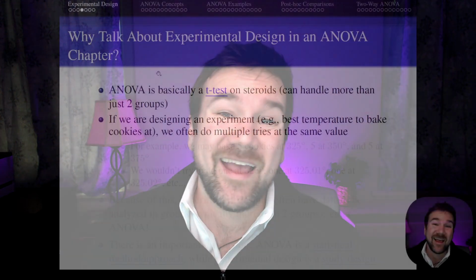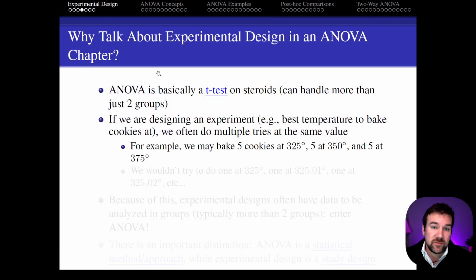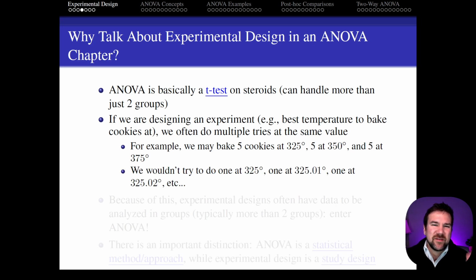I would pick a couple of standard temperatures that are somewhat wide apart, and I would bake multiple sets of cookies at each. Why multiple sets? Well, because I want to make sure it wasn't just a one-off, wasn't just a bad cookie. I'd try multiple there and take the averages and compare between. Again, we're not doing these infinitesimally small comparisons, but what this means, temperature is a continuous variable.